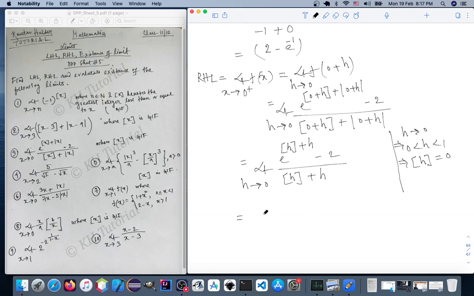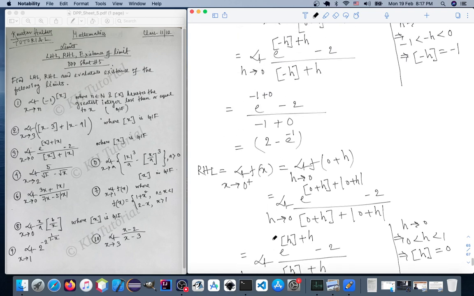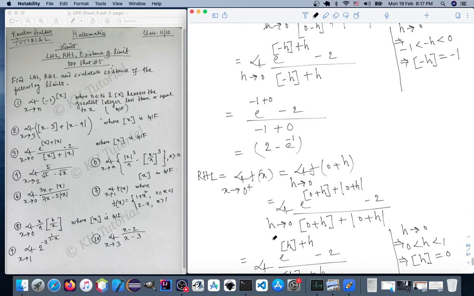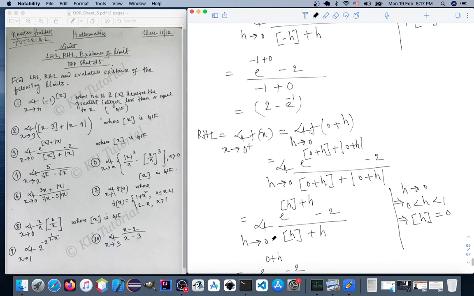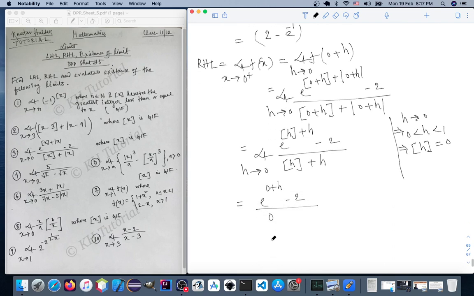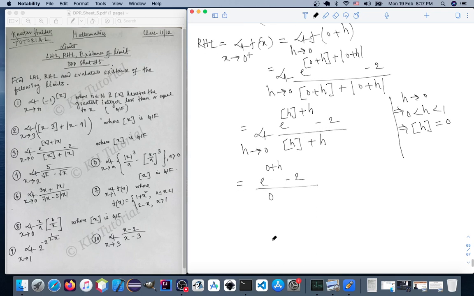So the limit becomes (e to the power 0 plus h minus 2) divided by (0 plus h).